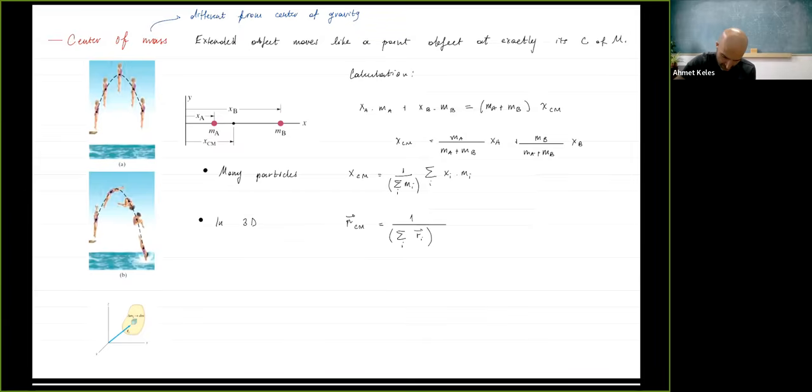This is Mi. So this is 1 over the sum over all masses Mi, and the sum over all coordinates, but this time Ri is a vector, times Mi. So on the left-hand side, you have a vector. On the right-hand side, you have a sum of vectors, which is a vector.